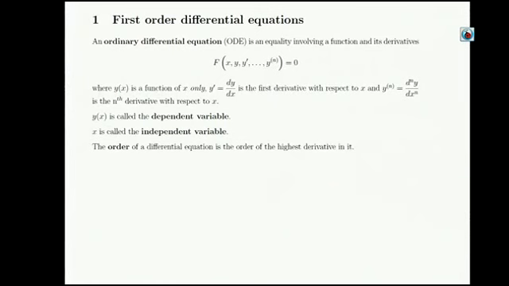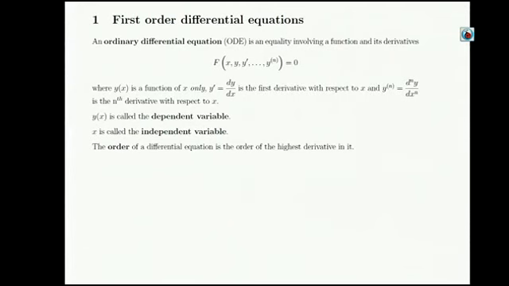In those cases, the y thing is a function of more than one thing. It could be x and y, and then you're looking at problems in 2 space dimensions. It could be x and t, and then you're looking at how things change in space and time. They're partial differential equations, and we don't do them at all in this course.